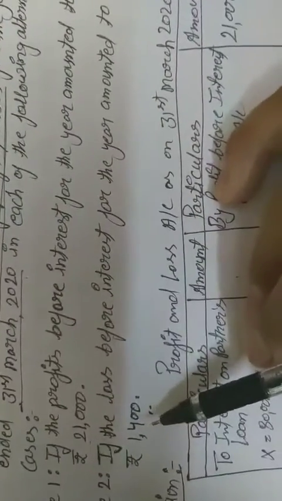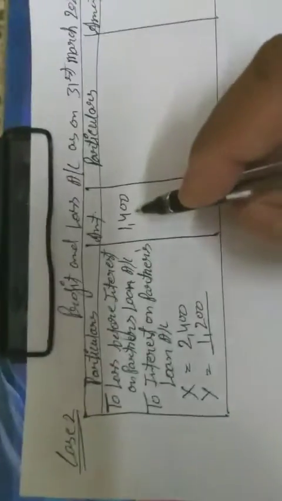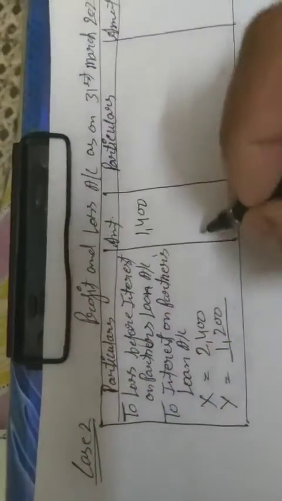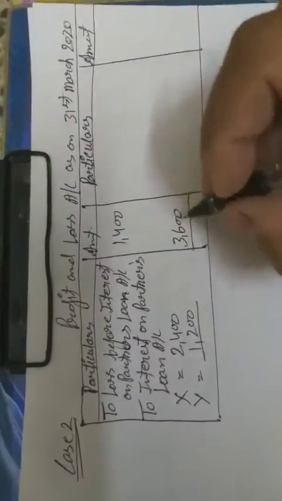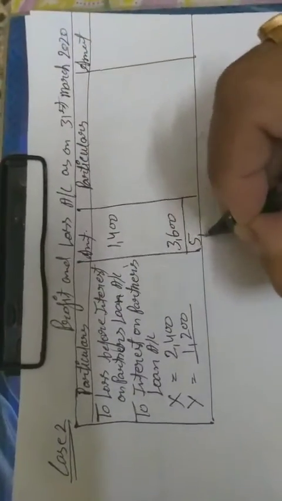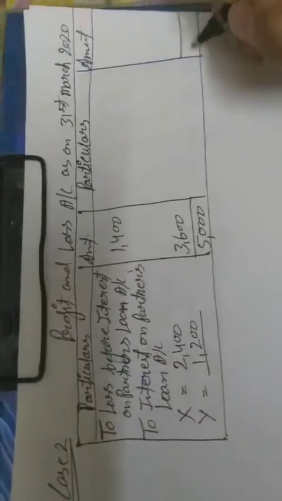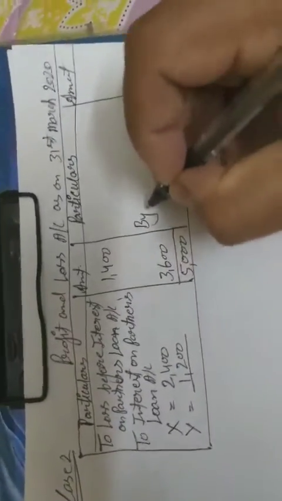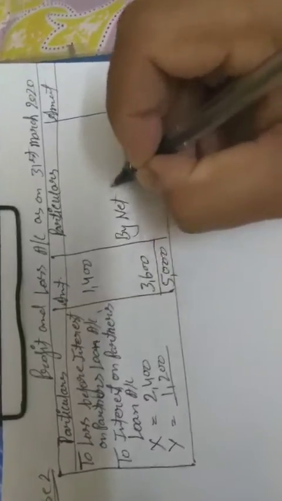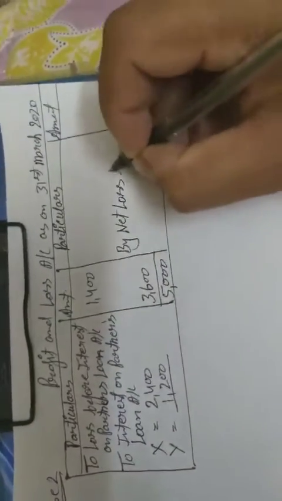The loss was 1,400, this one 3,600, and the total will be 5,000.